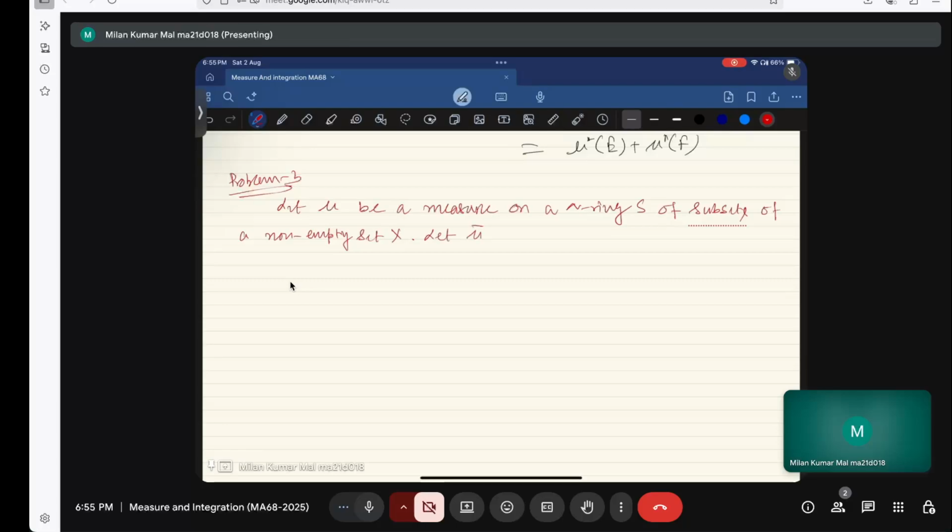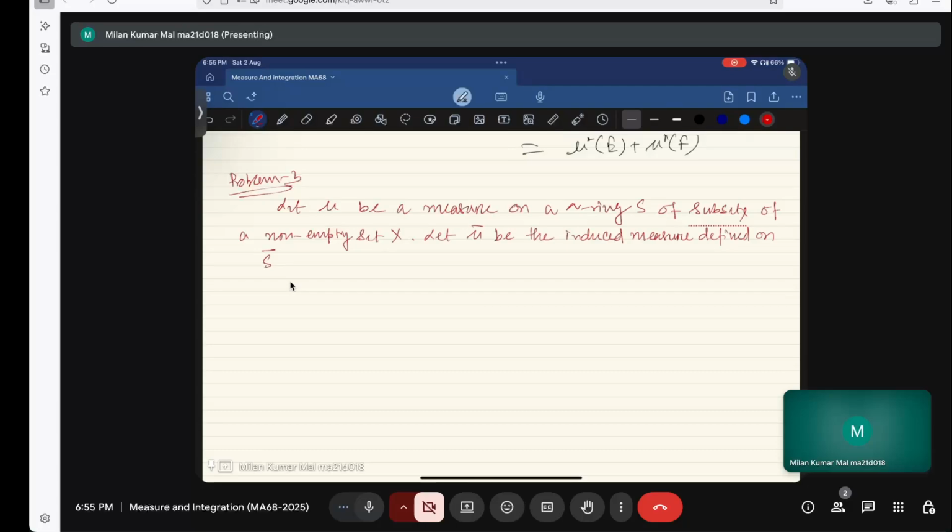Let mu bar be the induced measure. I'll recall what the induced measure is. It is a measure defined on S bar. S bar is the set of all measurable sets, basically.